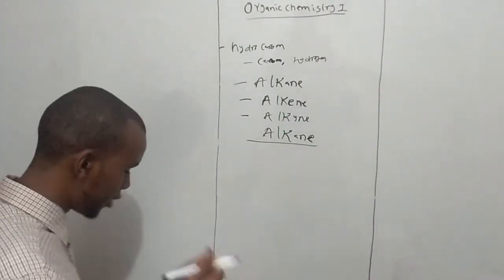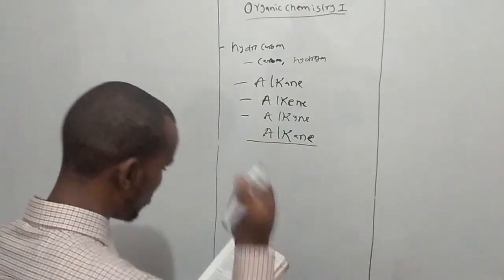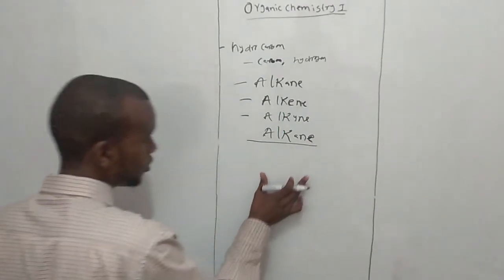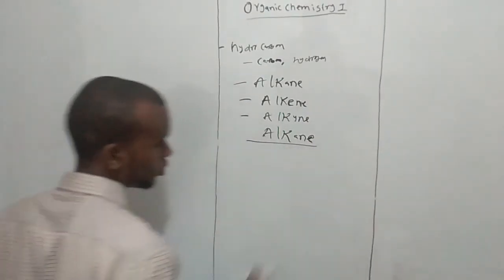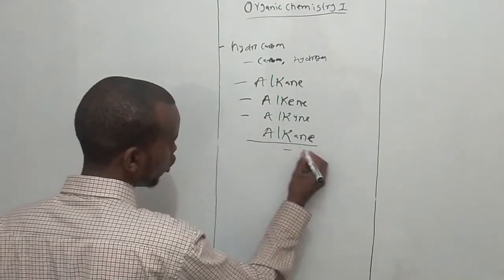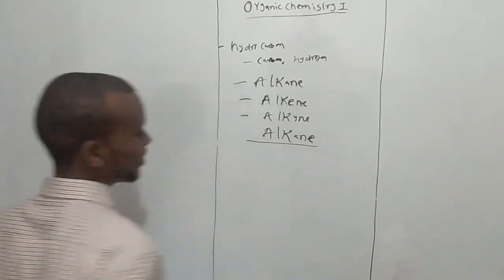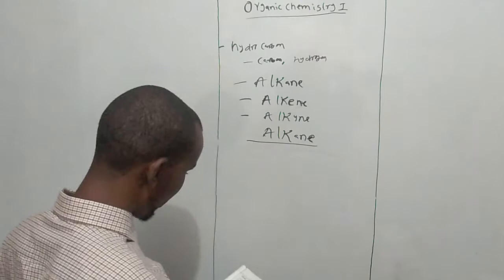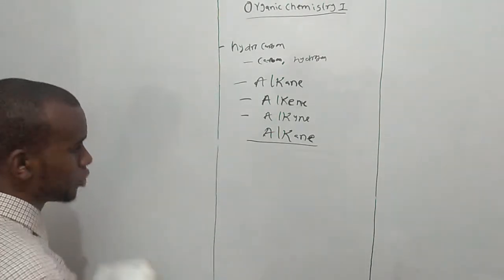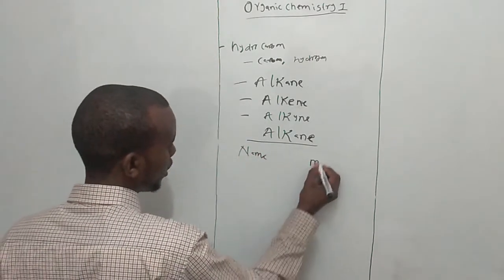A group of hydrocarbons, that means it consists of hydrogen and carbon, whose carbon atoms are linked by a single covalent bond. We can take the example of the first four, the names and the molecular formula of the first 4 members.